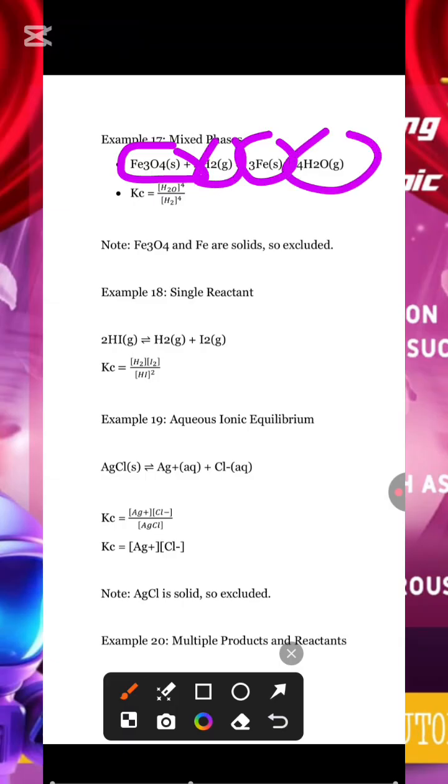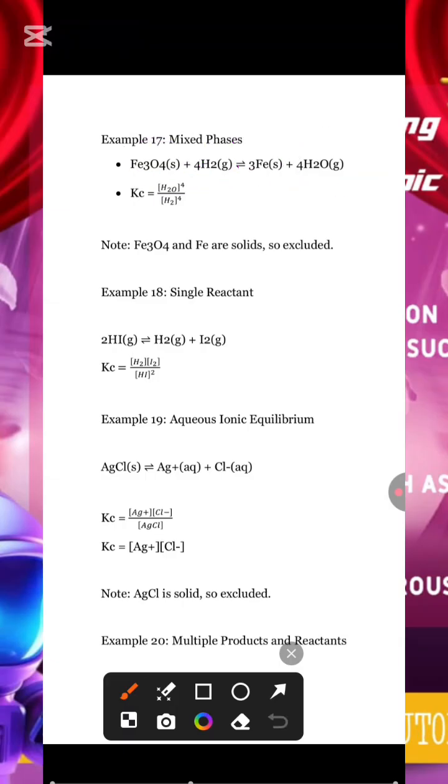So I only focus on those gases and eliminate the solids. The only gas product I have here is this, so you can see it in the numerator, raised to the power of its coefficient, that's 4. And this one again is a gas, so that's the only thing you can see on the denominator, raised to the power of its coefficient. Now example 16, example 18, example 19 all follow the same process.